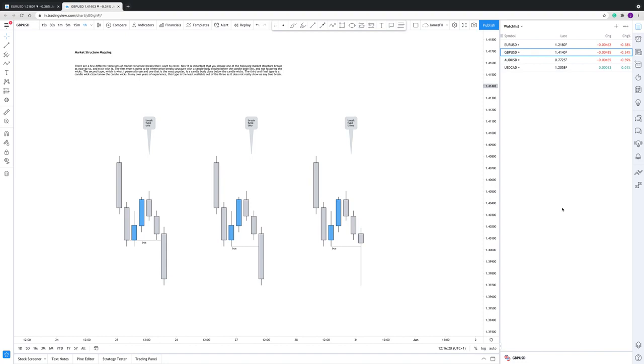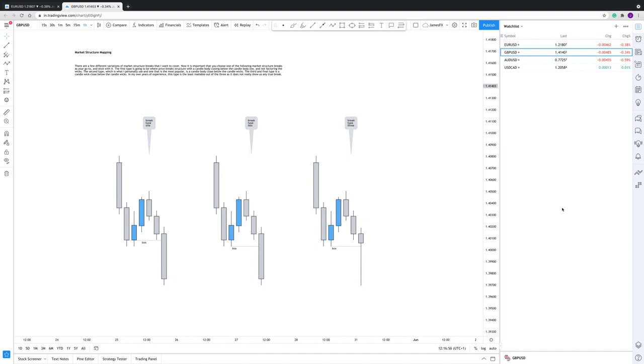It is important that you choose one of the following as your go-to, stick with it, and be consistent with it. The more backtesting you do and the data that you collect, you'll come to find which one works for you and the one that you want to use. So once you find it, it's important to be consistent with it and use that as your go-to.